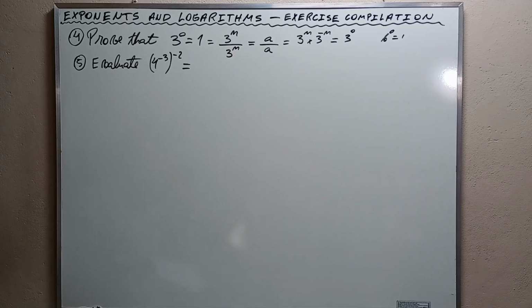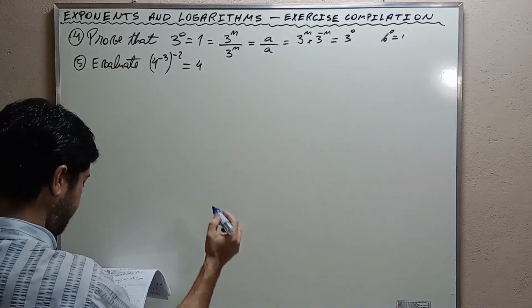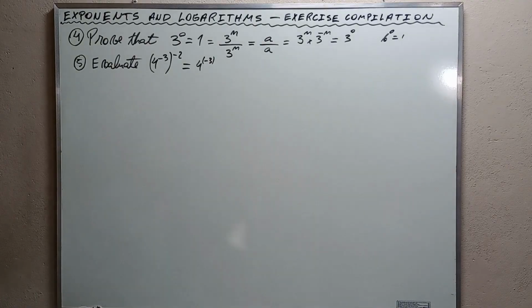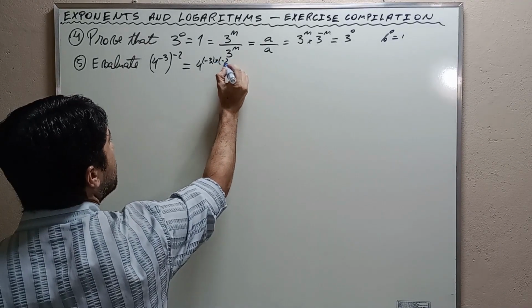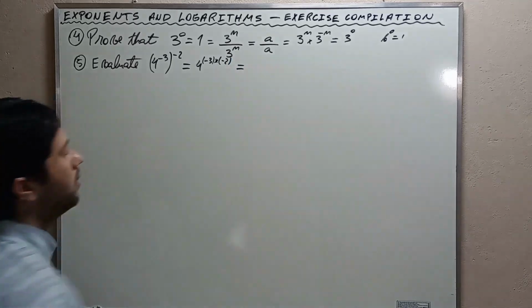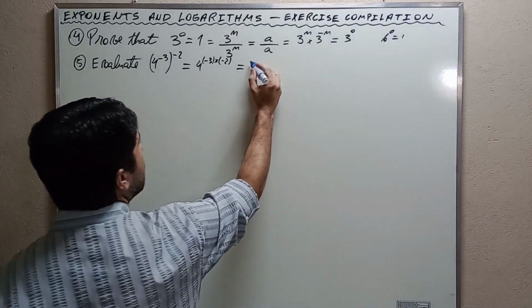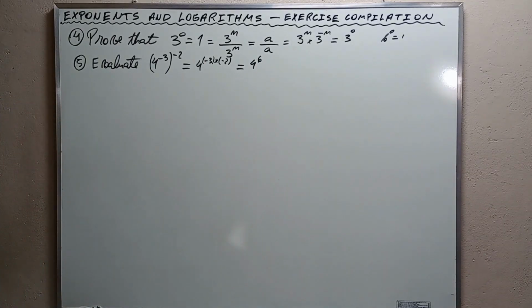Okay, and in this sense, it is multiplication rather than addition. It is going to then be 4 raised to the power of negative 3 times negative 2, and then it results in 4 to the 6th power.